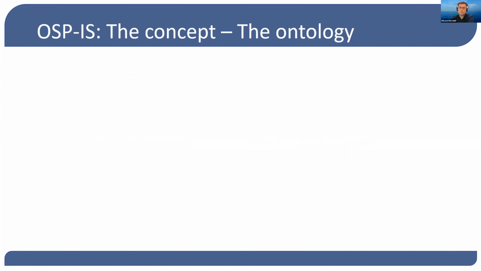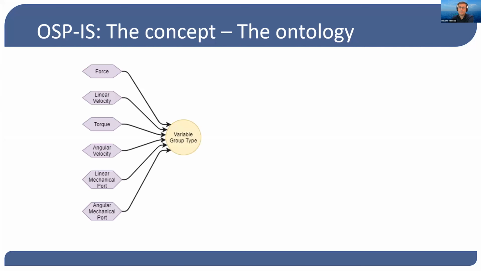So the next step we took was to make it possible to define logical groups of variables and to assign a type to the variable groups. The ontology therefore contains the concept variable group and concepts for various variable group types.